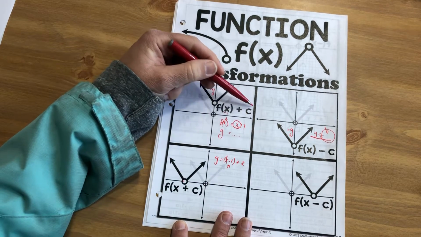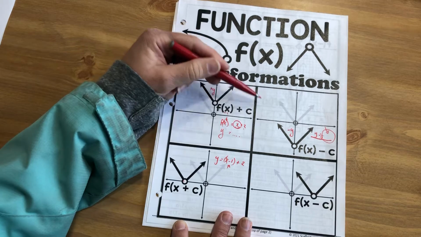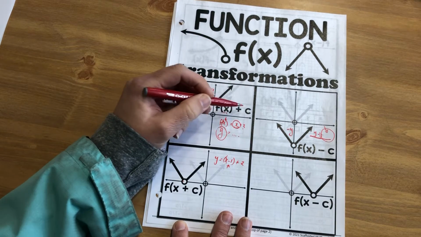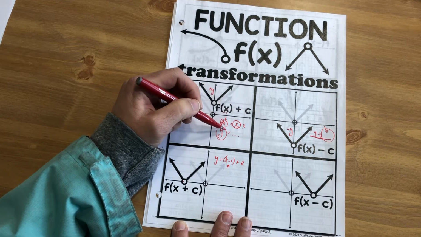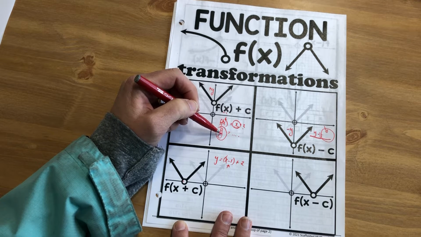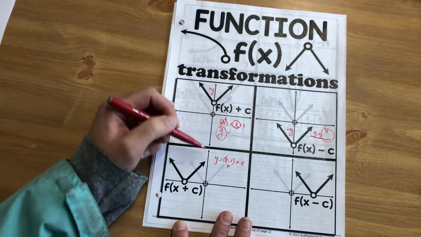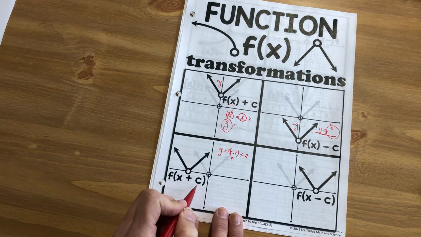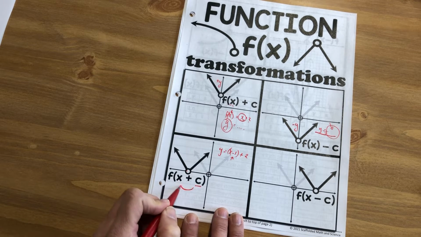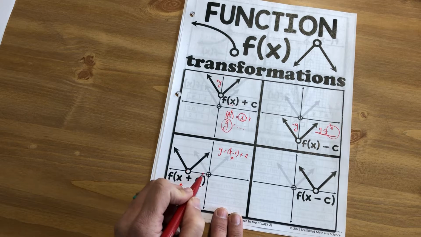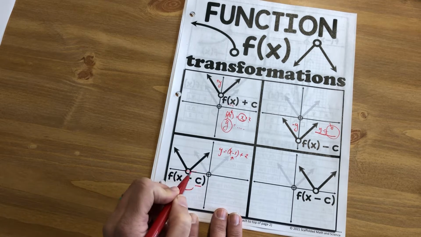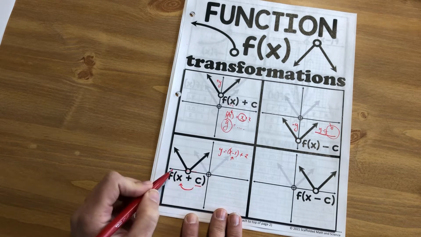We are adding the constant here to the entire equation, which the equation is our y equals. So we are adding the constant to our y value, what will determine what our y value will be, which is why it moves it along the y-axis. Here we are adding, inside the parentheses, our constant to the x value. So it will move your graph or your function along the x-axis.